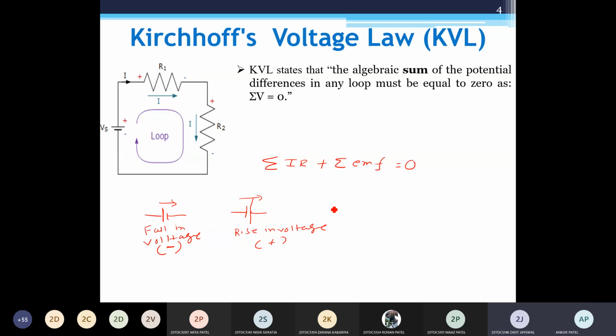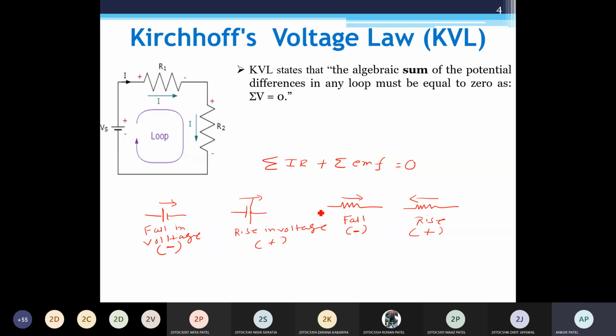If we are going through a resistor in the same direction, then there is a fall in voltage, negative sign. If we are moving through a resistor in the opposite direction, then there is a rise in voltage, so it is denoted by positive sign.